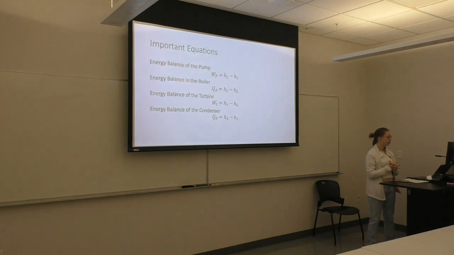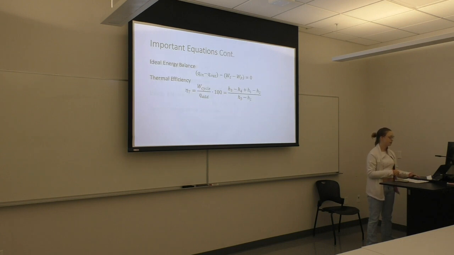Some important equations are the energy balance of a pump, which is H2 minus H1, energy balance in the boiler, which is Q3 minus Q2, energy balance of the turbine, which is H3 minus H4, energy balance of the condenser, H4 minus H1. And some other ones.